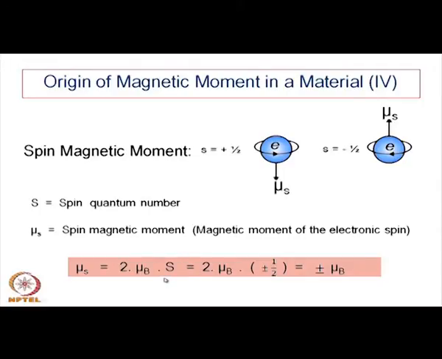Here s is the spin, plus half or minus half. So the spin magnetic moment is either plus mu b or minus mu b, and the multiplier is only 1. For each electronic spin you have one Bohr magneton of magnetic moment, either plus 1 or minus 1.